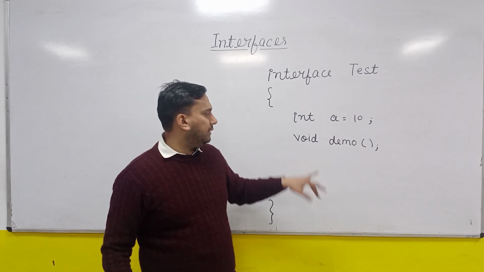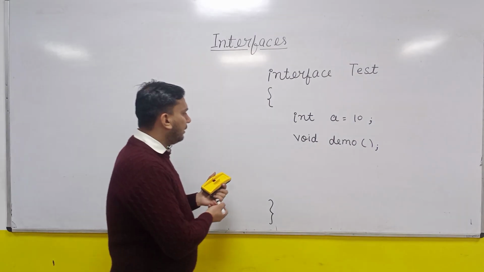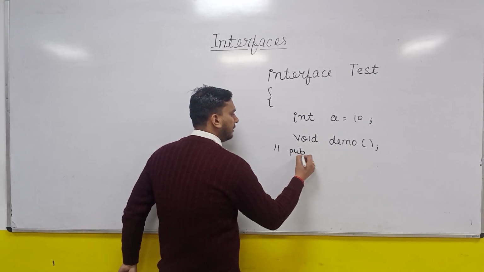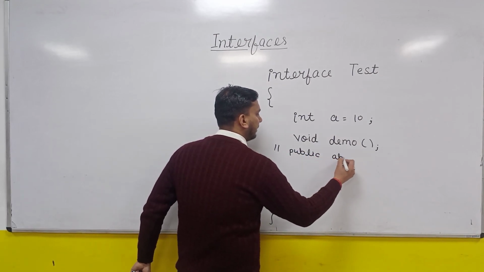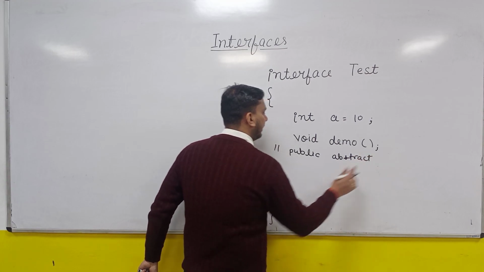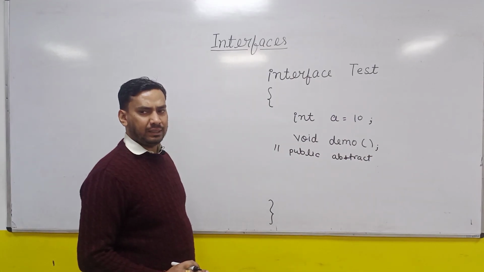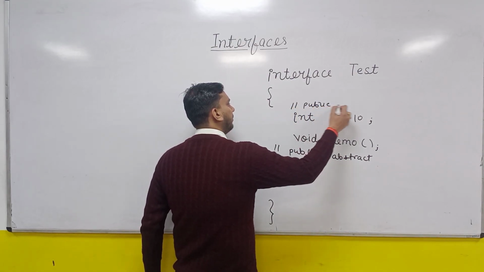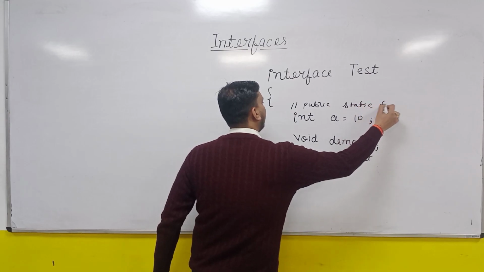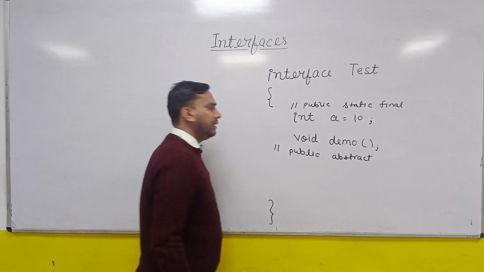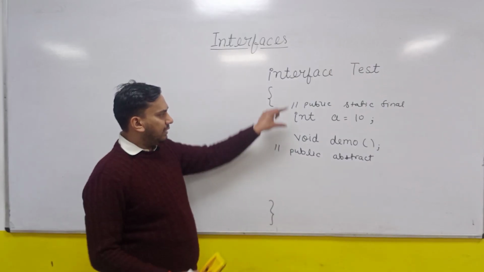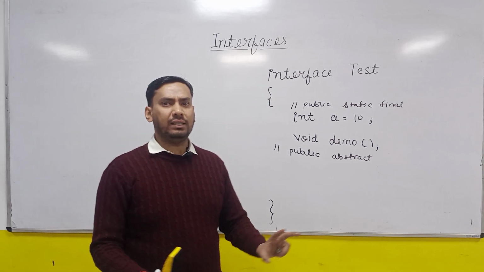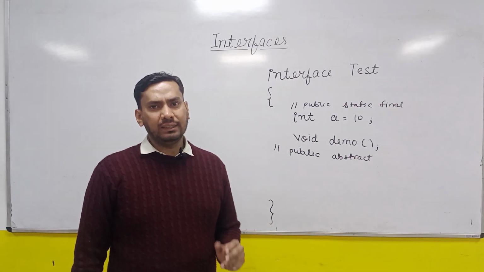In a normal class we need to put an abstract keyword, but the interface methods were by default public and abstract. Whether you write it or not, it is by default public and abstract. Similarly, data members were by default public, static and final. So these are the interfaces up to JDK 7.